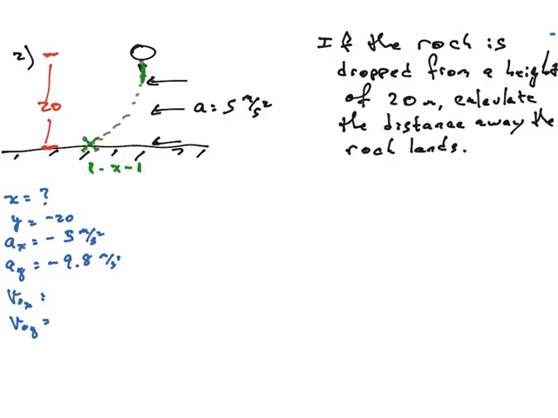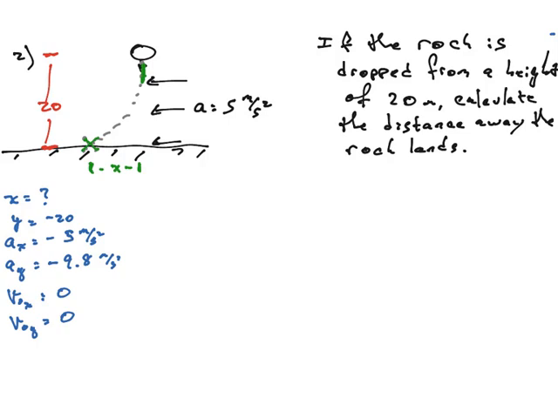So in the x direction, it's not moving left or right yet, so that's 0. And in the y direction, it also isn't moving yet. So it just so happens the initial velocity of my rock in this problem is 0 both in x and in y. I just dropped it. I didn't throw it or anything. And there we go. That's everything I know from my problem and what it is I'm looking for.